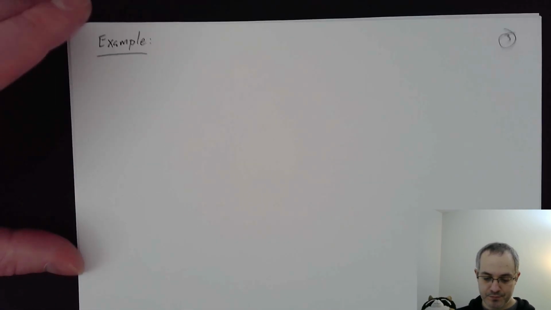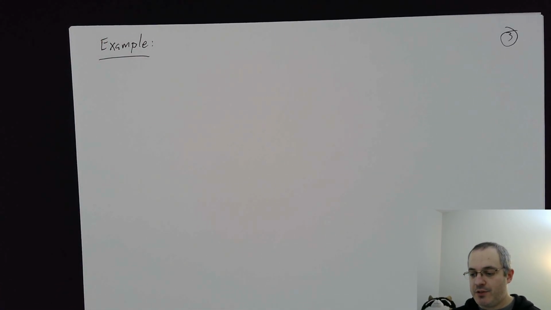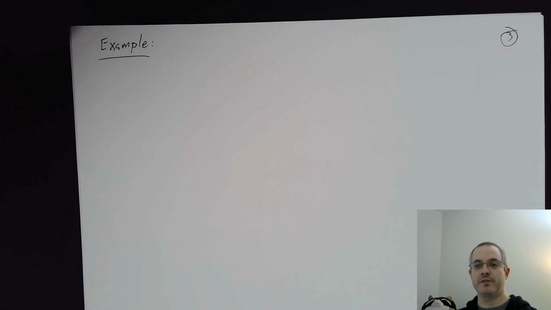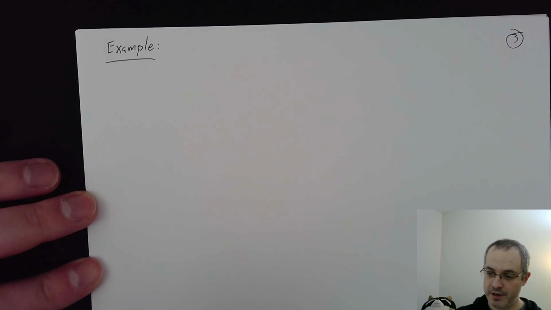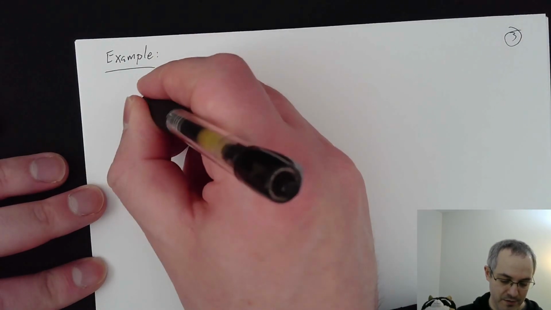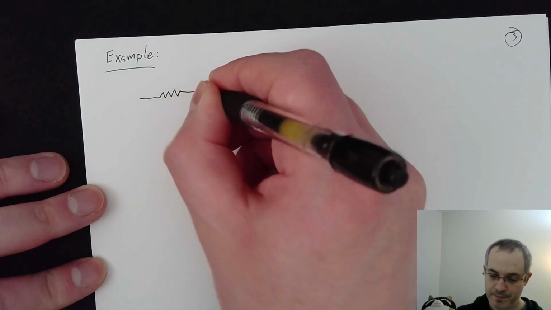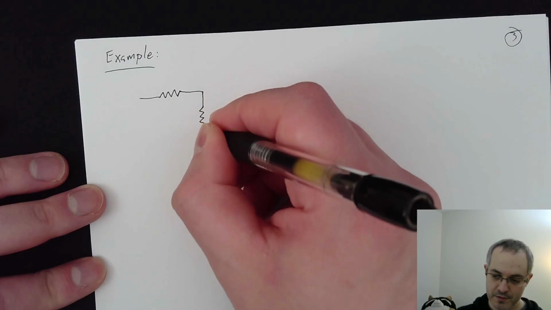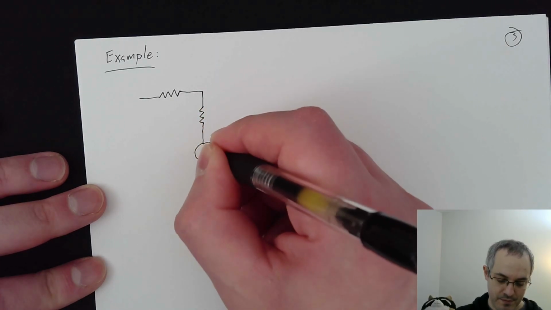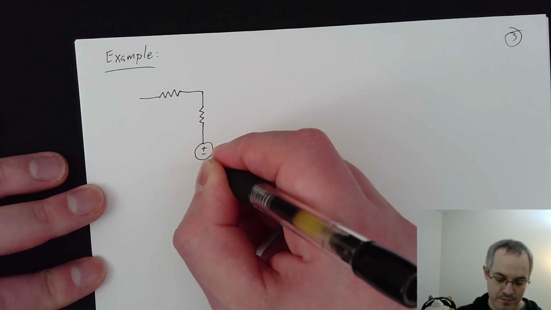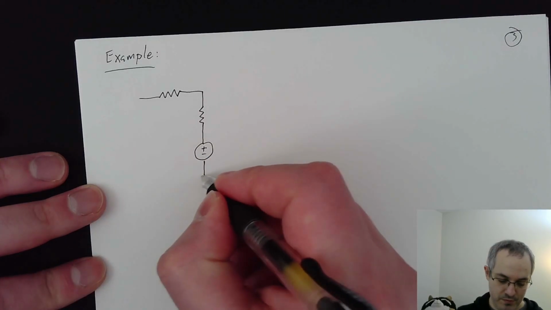Okay, so what we want to do is use source transformation to find either the Norton or Thevenin equivalent circuit of the following circuit. So we have a resistor, another one, a voltage source.